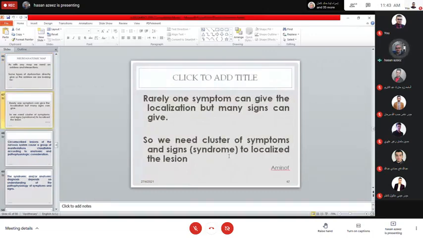Rarely can one symptom give it. It is difficult for one symptom to give it, but many signs can, as I told you. So we need a cluster of symptoms and signs, a syndrome, for localization.